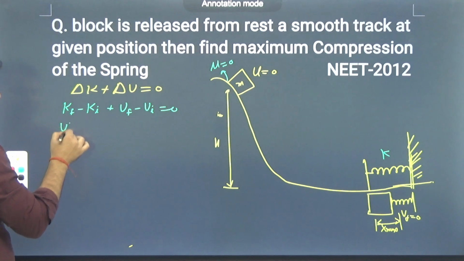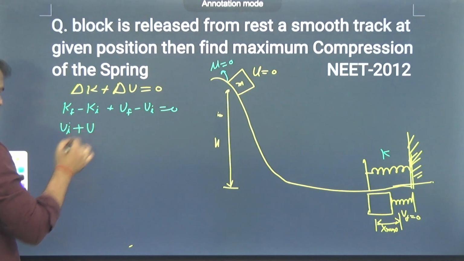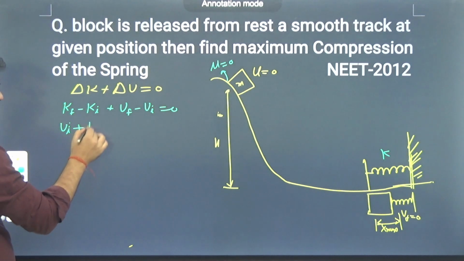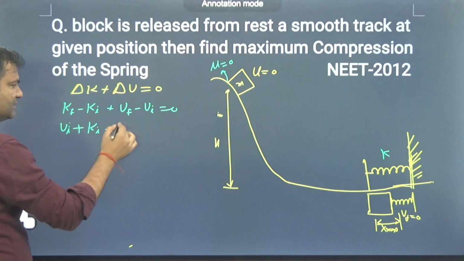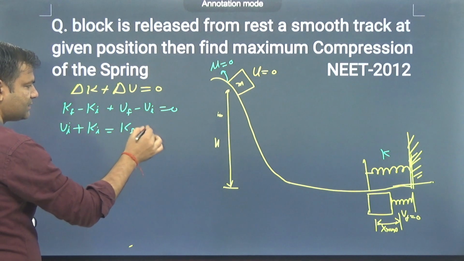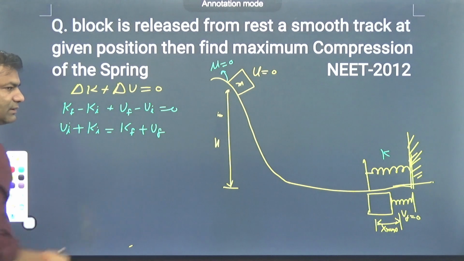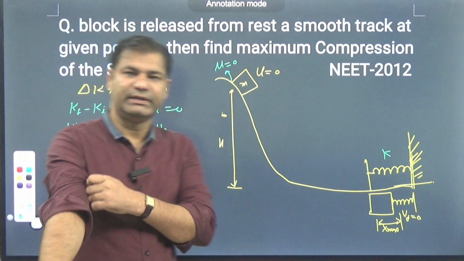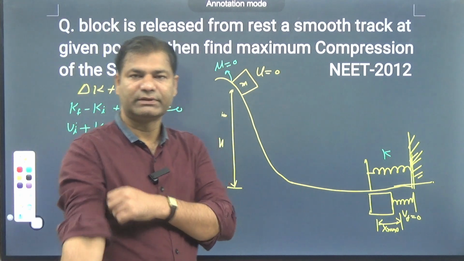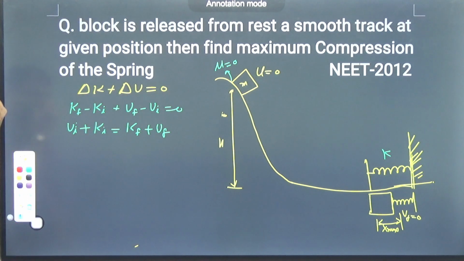That's why it is written as initial potential energy. Is it right or wrong? Right. Now apply it here.